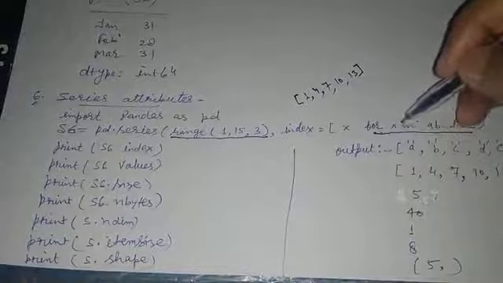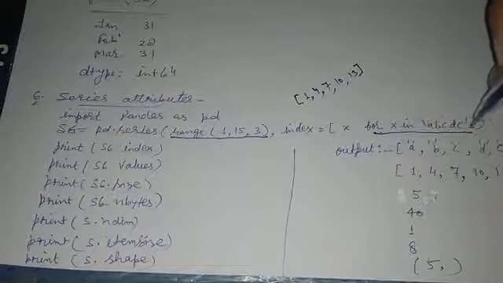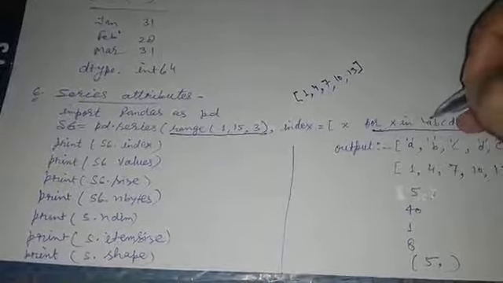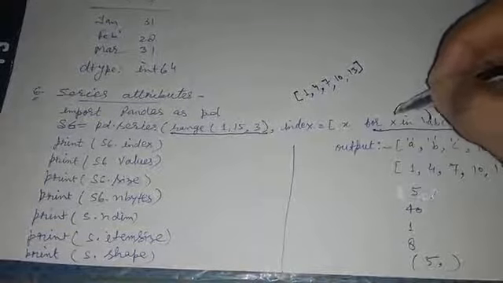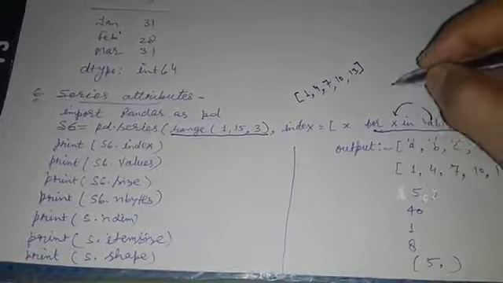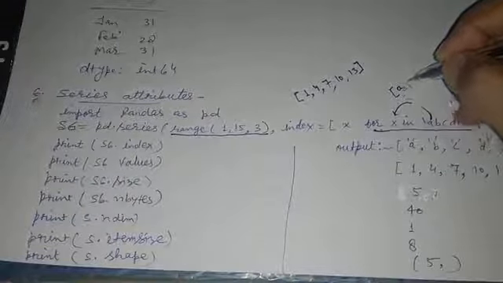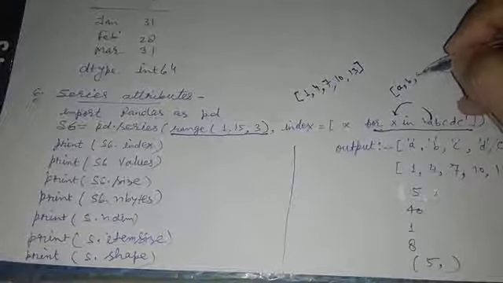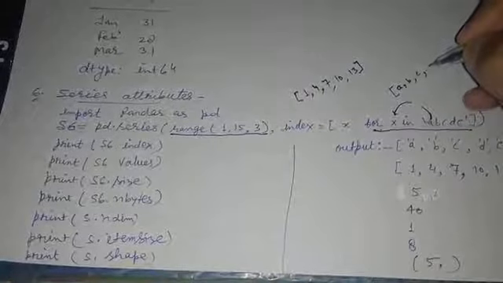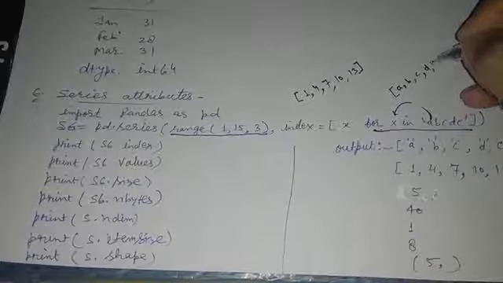x for x in 'abcde'. First time a is retrieved and stored in x, so the first element of the index list becomes a, second b, third c, fourth d, and fifth e.